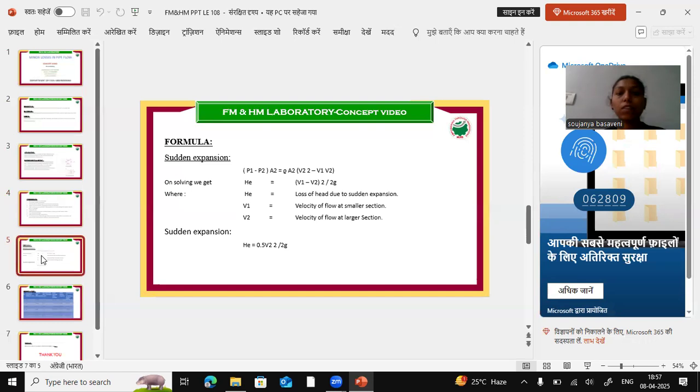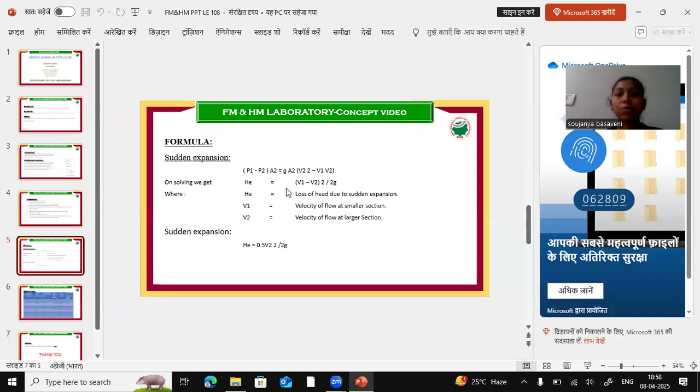And the formula we need for sudden expansion is: first of all, (P1 minus P2) times A2 equals Q times (V2 minus V1), and solving that, we get HE, the head loss.